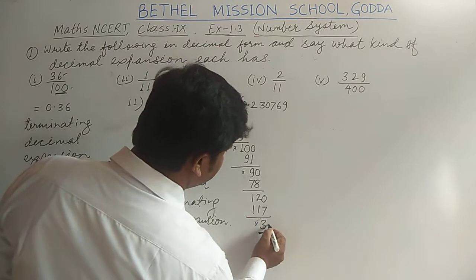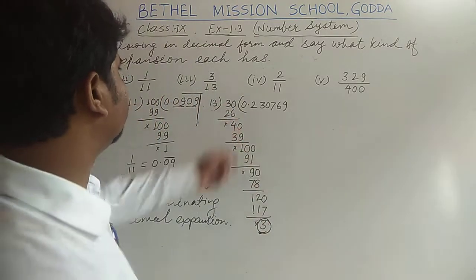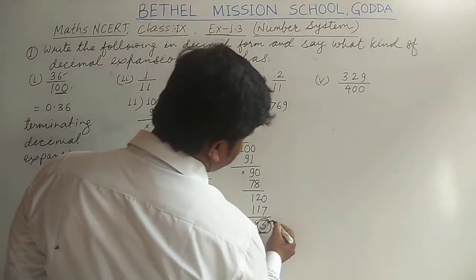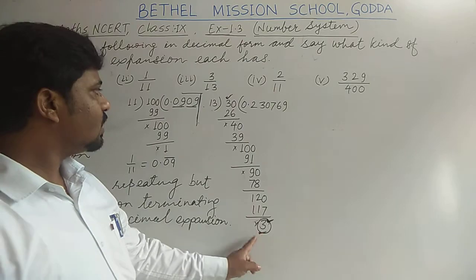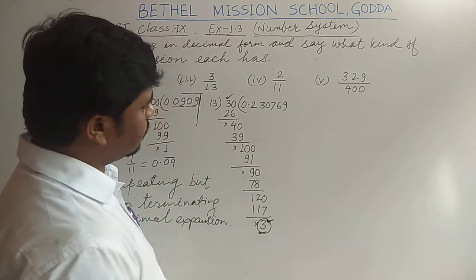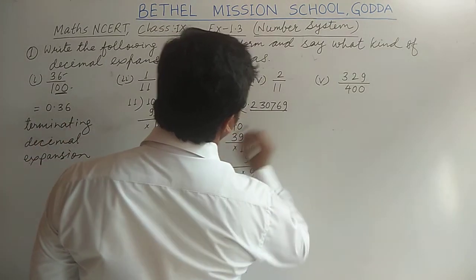So you can see this 3 came again, because we started with 3 and after that we are getting this 3 here. It means when we divide, these digits will be repeated.